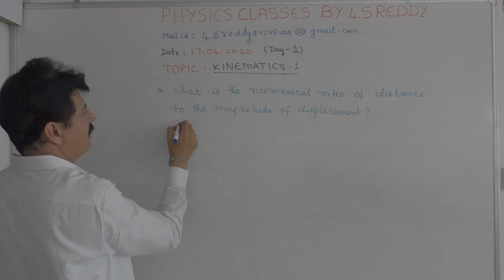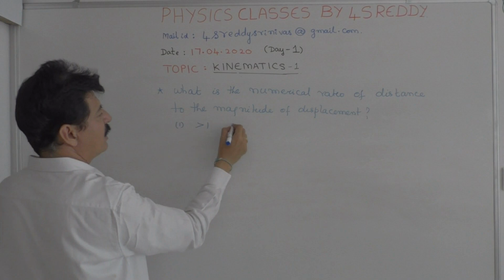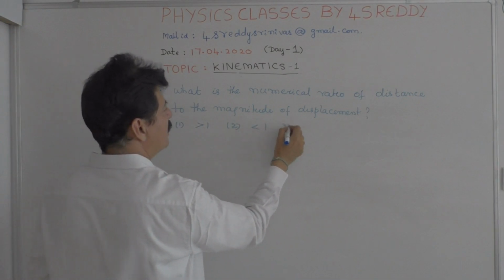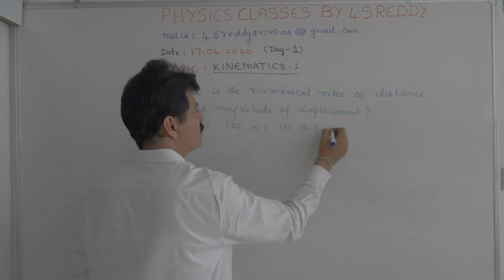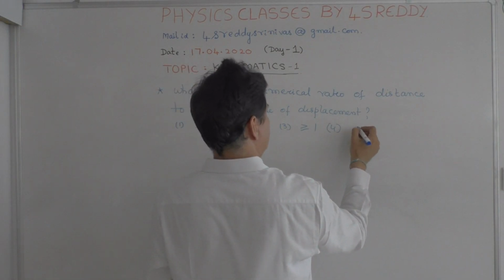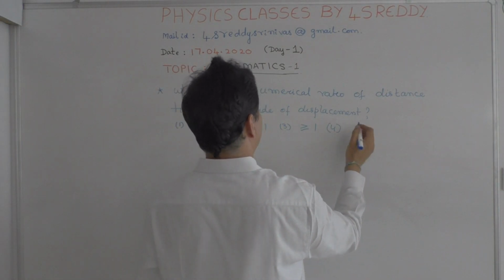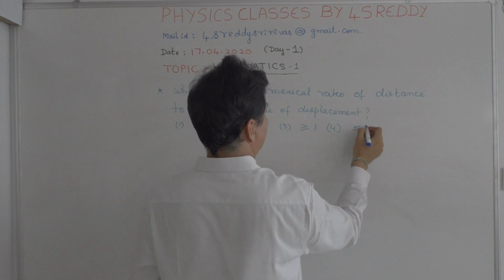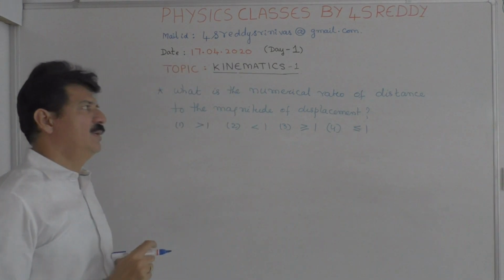Generally, you may be given options like this: greater than 1, less than 1, greater than or equal to 1, or 0. Or otherwise, less than or equal to 1. Like that you may be given.